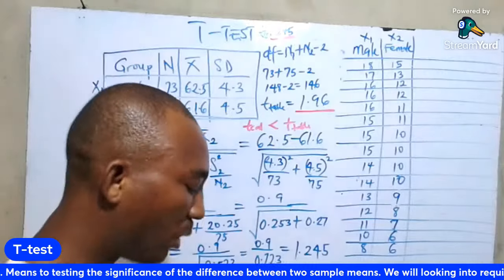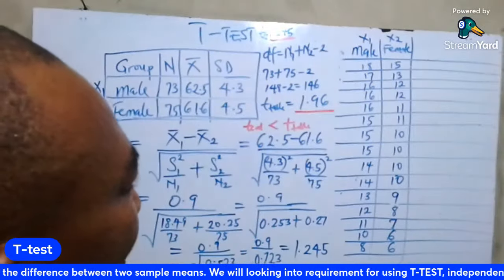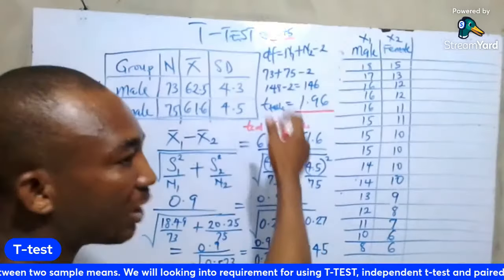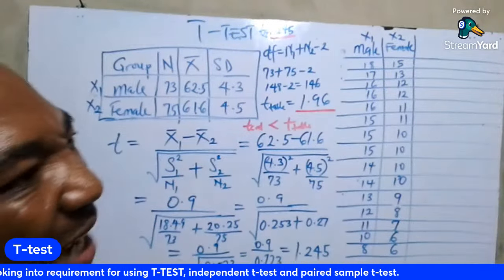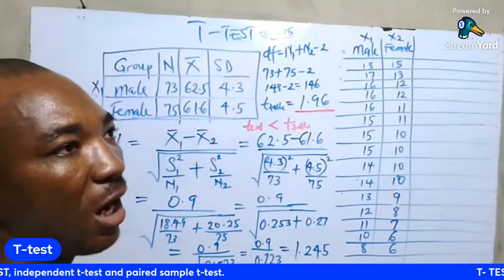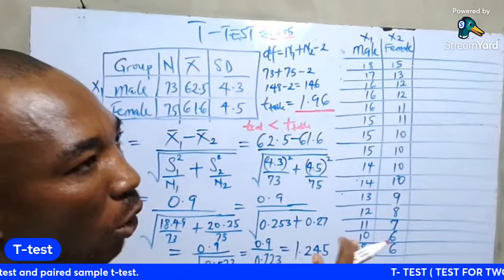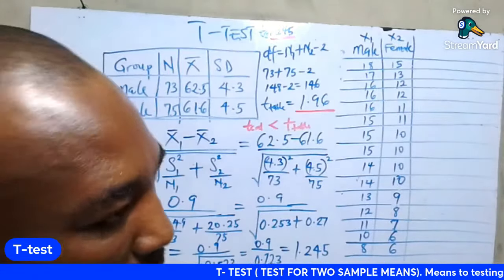And when it is like that, what do you do? When it is like that, you take the null hypothesis. You remember at the beginning we said the null hypothesis says there is no significant difference between the gender scores of the students, while the alternative said there is a significant difference.